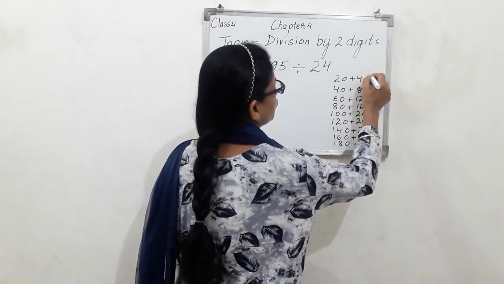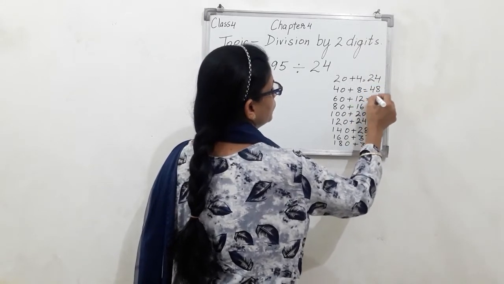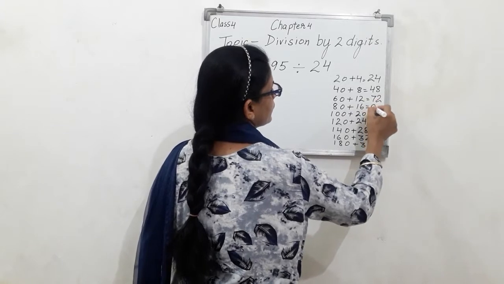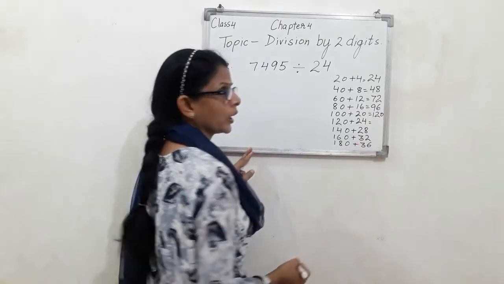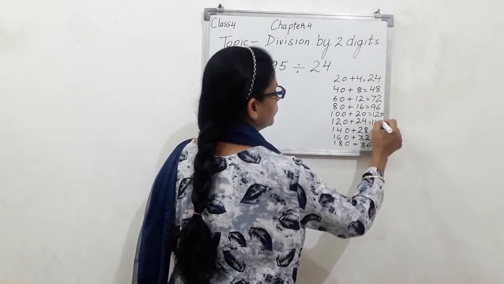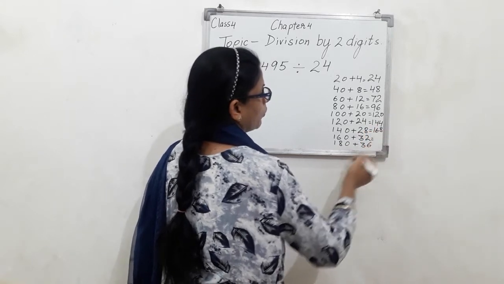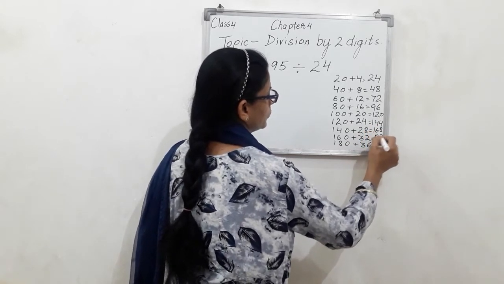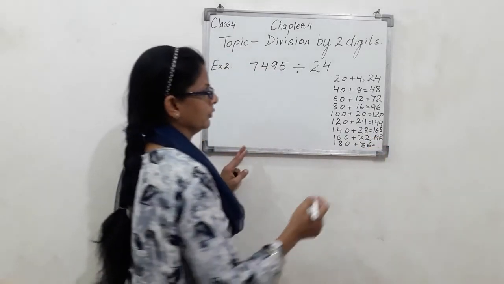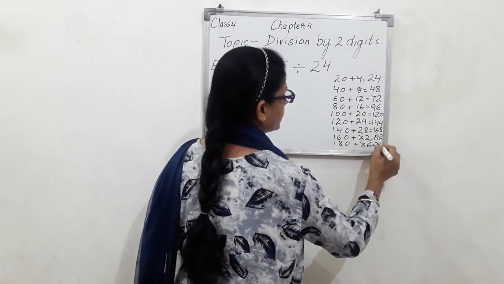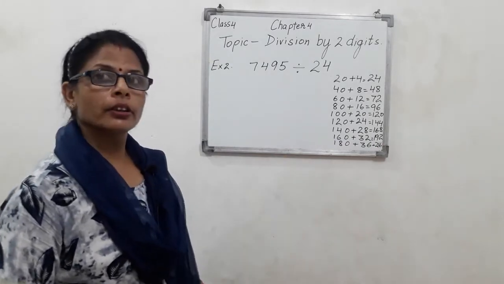If we add them, 24, 48, 72, 96, 120, next 144, 168, 192, then 216, and if we add 24 to it, we'll get 240.